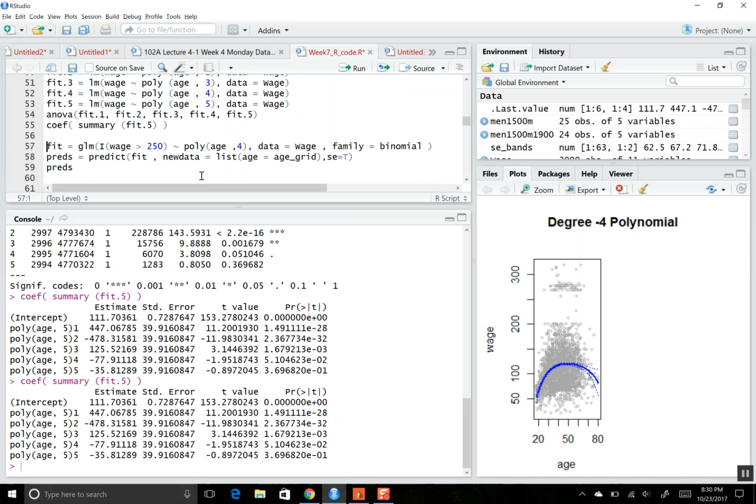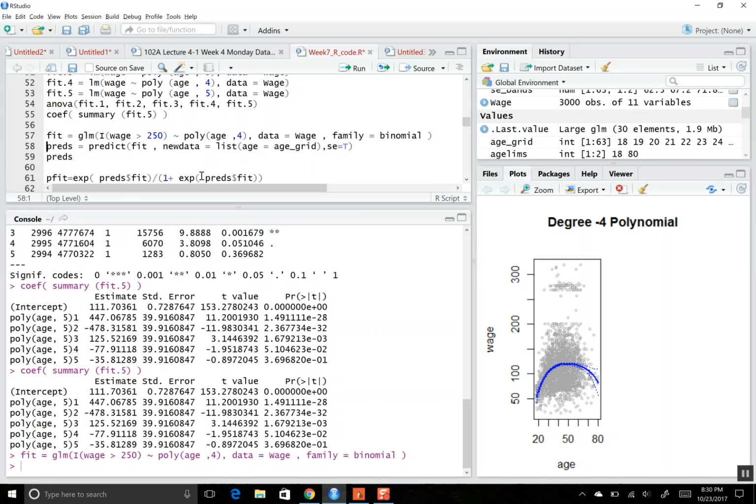Okay, and so we kind of fit all of this, and this is a logistic model. I don't think we want to actually do that, but you can go further into this.